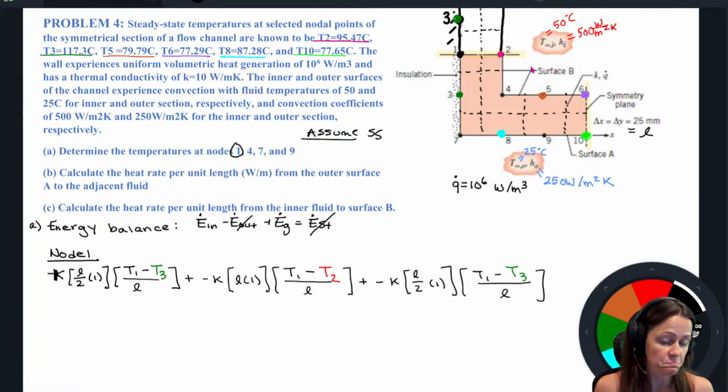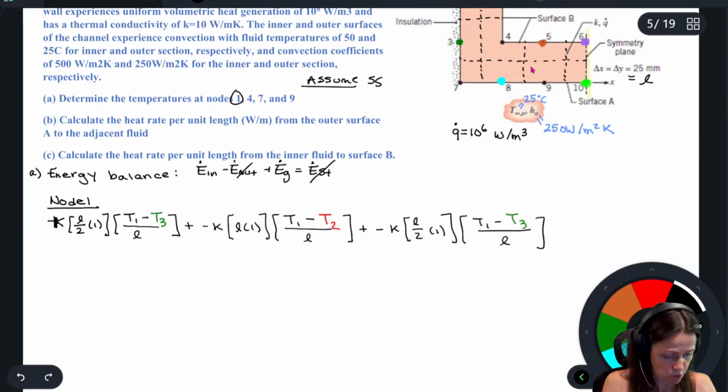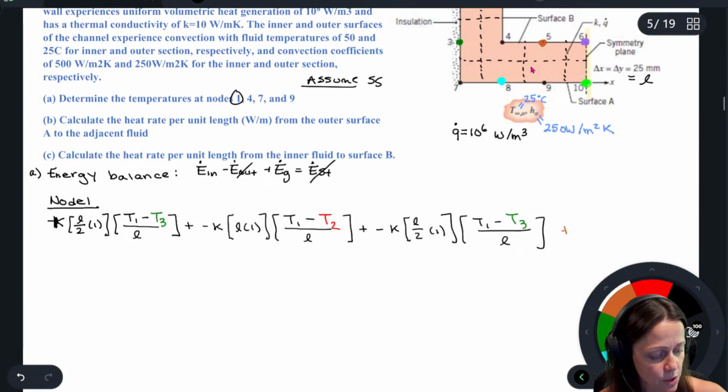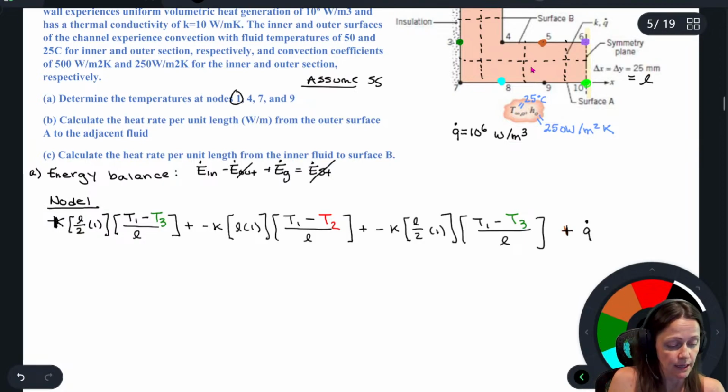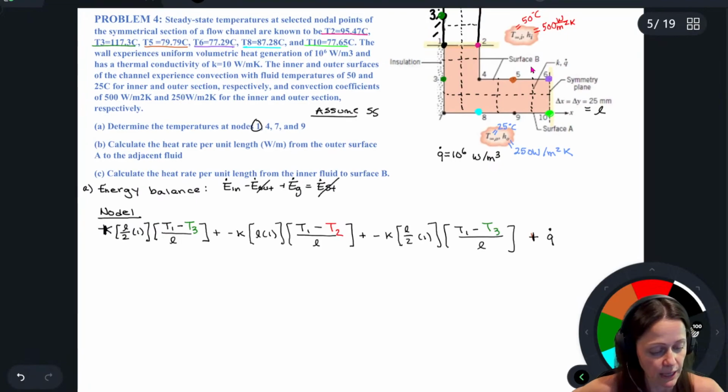So I don't have any more Q's going into node 1, but I do have my volumetric energy generation term. So I do need a plus Q dot, and then it's going to be the volume of that element.